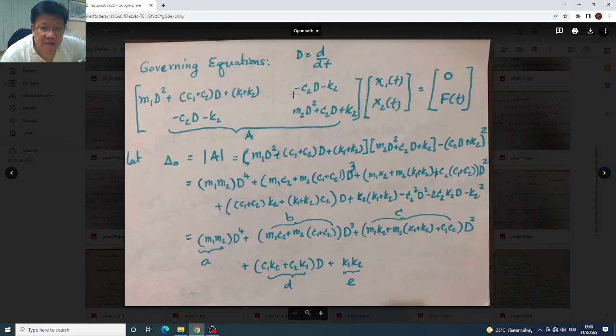So in the first part here, if you understand the free body diagram, these are all the elements of m sub 1.